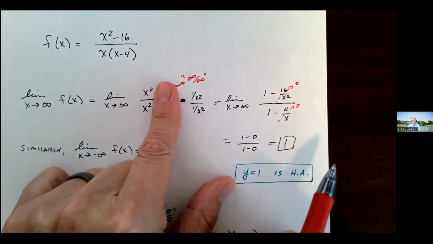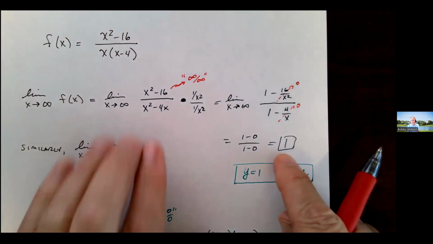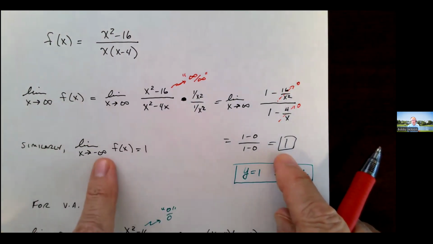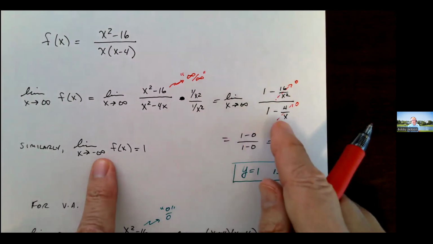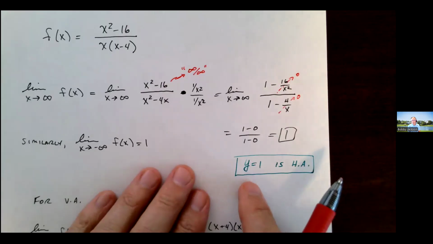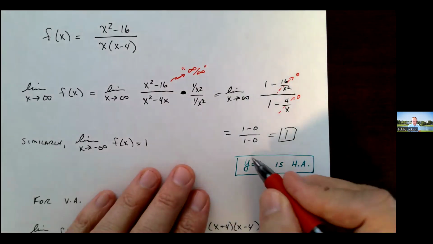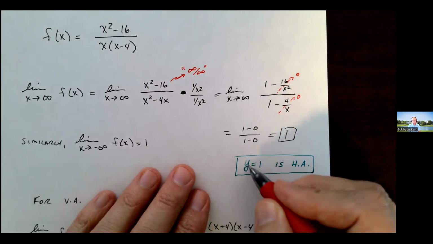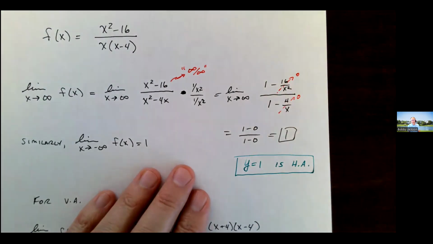And of course, x squared divided by x squared is 1, and the limit as x goes to infinity of 1 is 1. If you take the limit as x goes to negative infinity, by the way, it's going to be the same thing, right? These fractions will still go to 0, and your limit will be 1. So remember, the horizontal asymptote is y equals 1. So make sure when they ask for the equation of a horizontal asymptote, you give y equals 1. If you just type in 1, it's going to be incorrect.